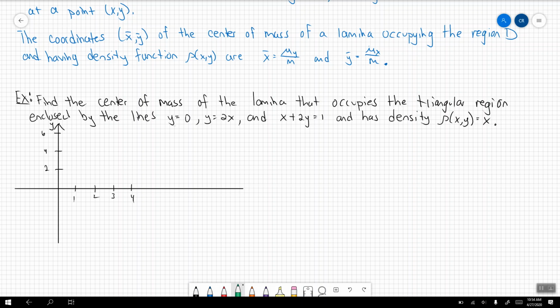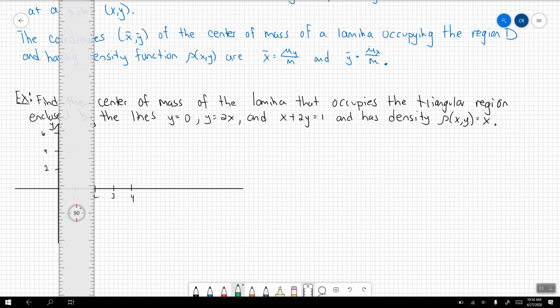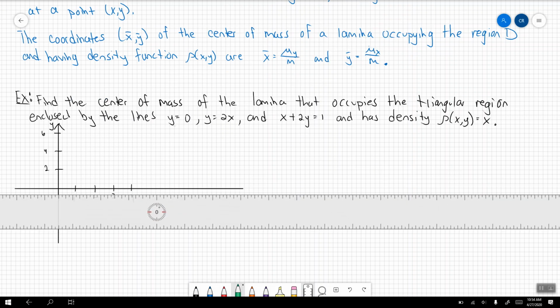Alright, so my first equation, y is equal to 0. That's just going to be my horizontal line here.